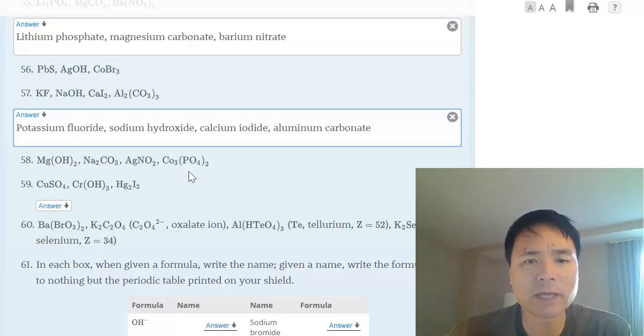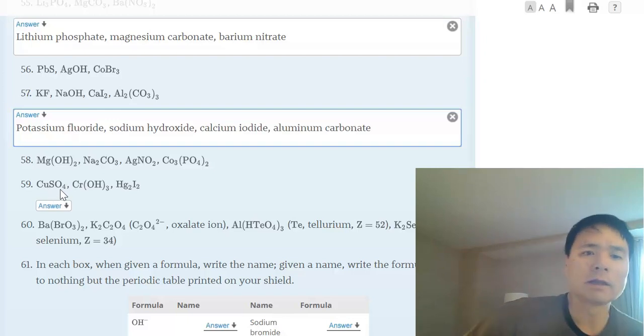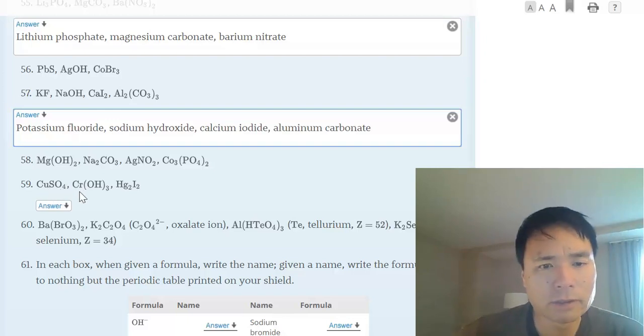Cobalt's variable charge. You'll see the charge on cobalt is 2, charge on phosphate is 3-. So this is cobalt, Roman numeral 2, phosphate, it's a 2,3. Copper is variable charge, 1, 2. So this is copper(II), I can tell because the sulfate's a 2-. So this is copper(II) sulfate. And then we have chromium's variable charge, 2, 3.